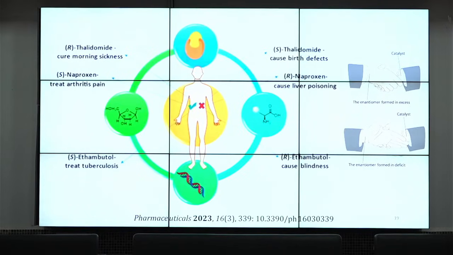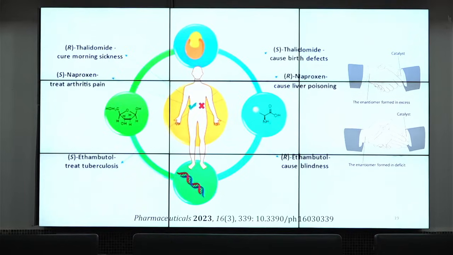Now you can see thalidomide, I'll come to the structures in more detail. It cures morning sickness. On the other hand, if you vary the stereochemistry, it causes birth defects. So only by changing the stereochemical output, there is a huge impact on the corresponding biological activities. Similar case studies: naproxen treats arthritis pain, whereas the R one causes liver poisoning.